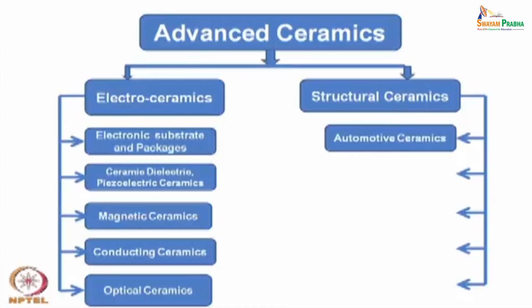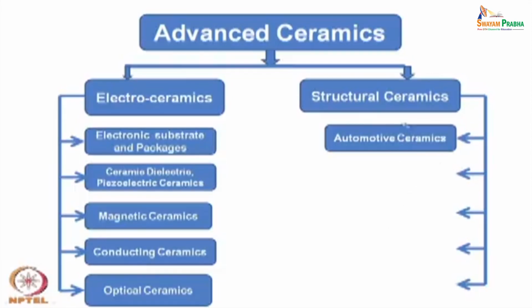Well, an automotive engine is primarily, as we know, made of metallic materials, different kinds of alloys, because it has to withstand very high pressure as well as very high temperature because of the combustion of the fuel. But ceramics can replace some of the metallic components in this case.